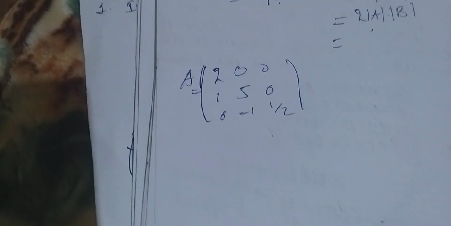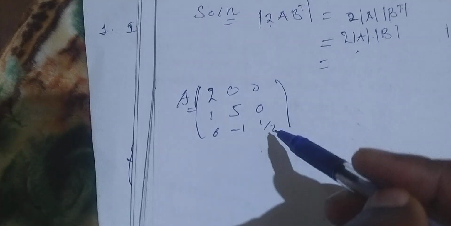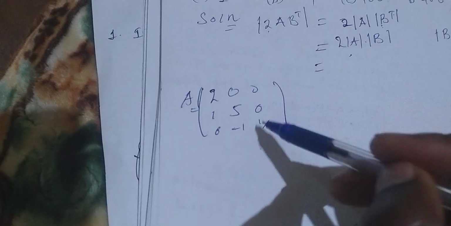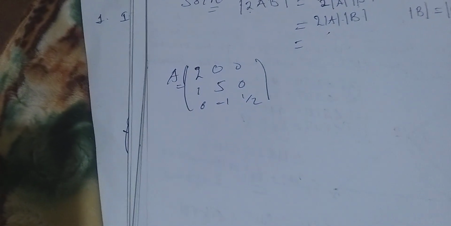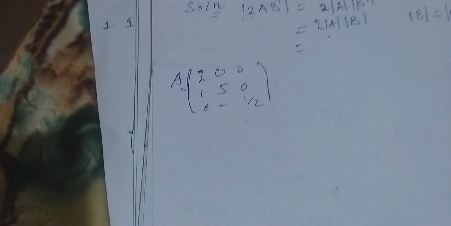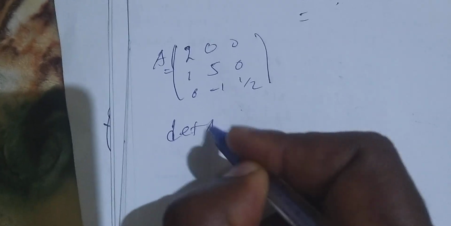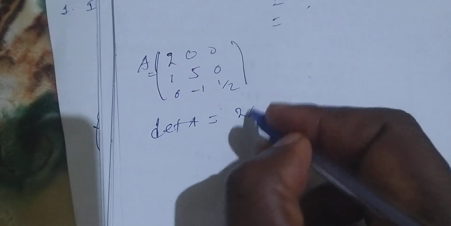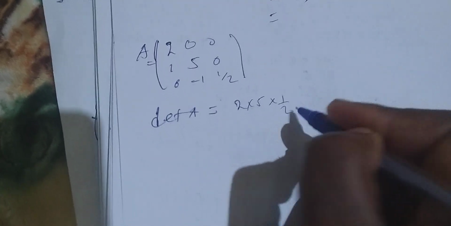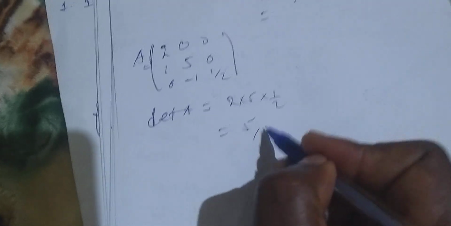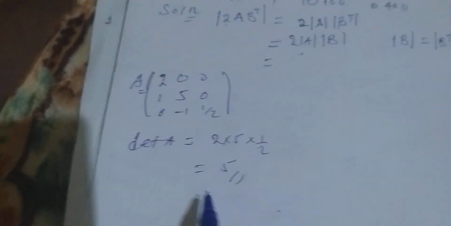If you look at A, the elements above the diagonal are 0 0 0, so this is an upper triangular matrix. If it is triangular, the determinant of A is simply the product of the diagonal, 2 times 5 times 1 over 2. So this is equal to 5. The determinant of A is 5.